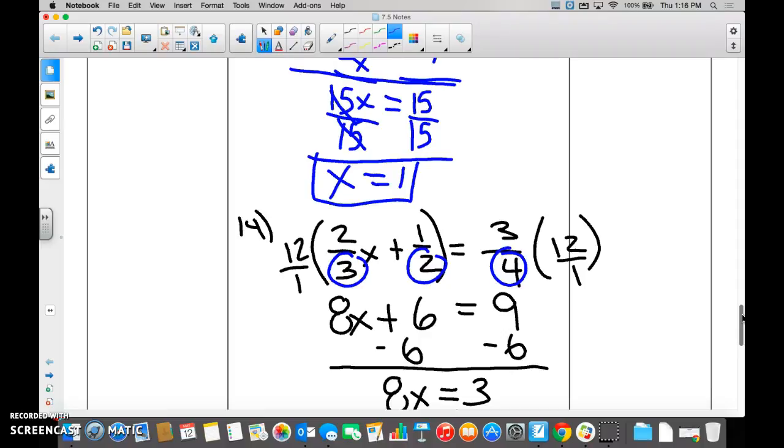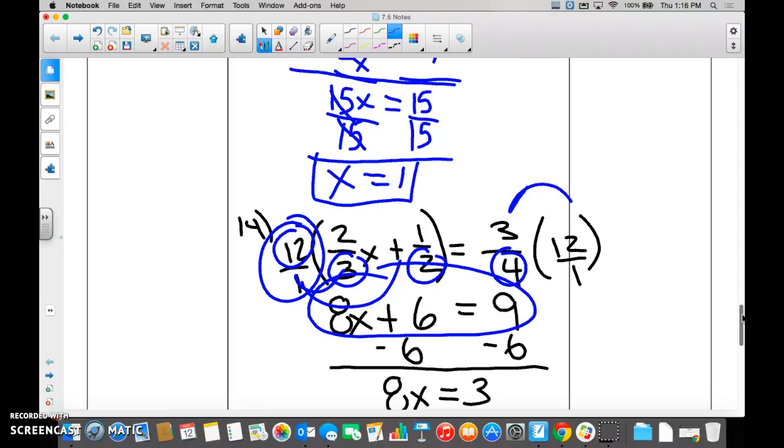And the LCM of 3, 2, and 4 is what? 12. And 12 is the same as 12 over? 1. Wonderful. And when you distributed 12 through on both sides of the equation, it became 8x plus 6 equals 9 instead of 2/3 x plus 1/2 equals 3/4. Which one would you rather deal with? 8x plus 6 equals 9.